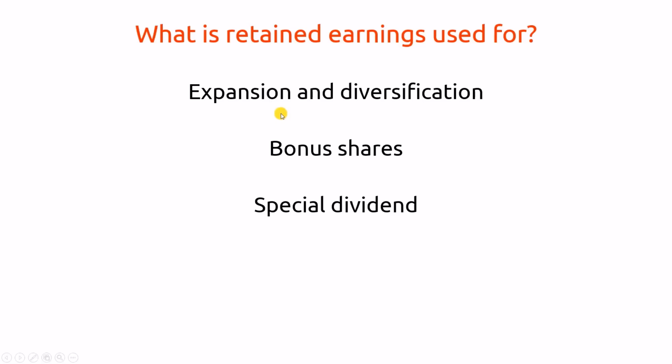Only when they do not have any other option to grow, if it is a saturated market, then they issue bonus shares and give special dividend. I hope you have understood what a dividend is. Dividend is nothing but the profit that the company shares with its stockholders. In the next video we'll learn what bonus shares are.